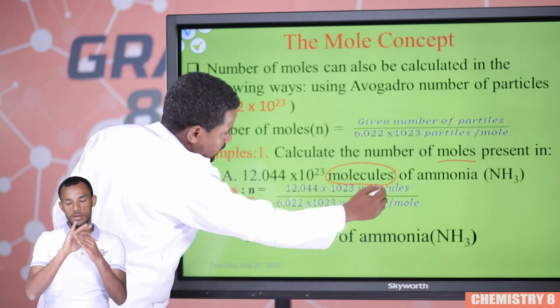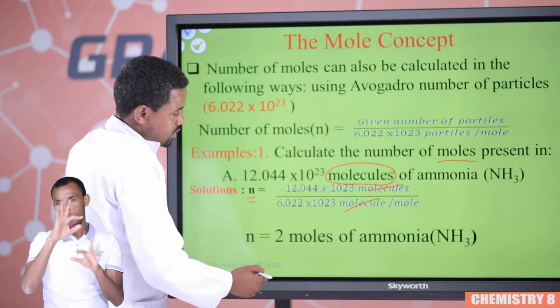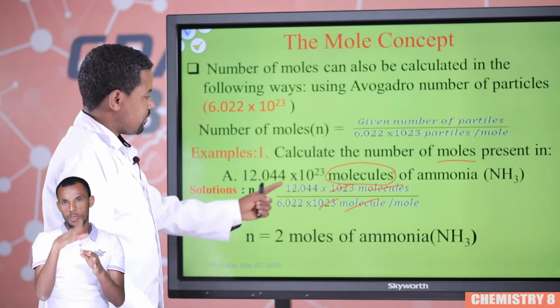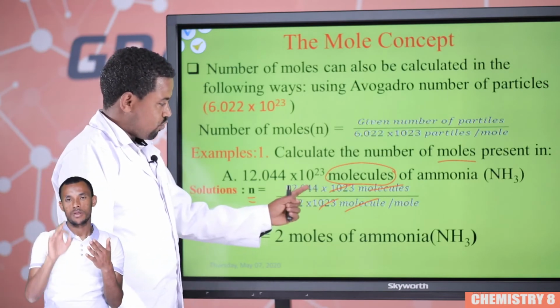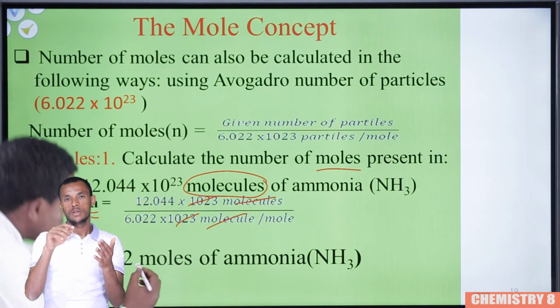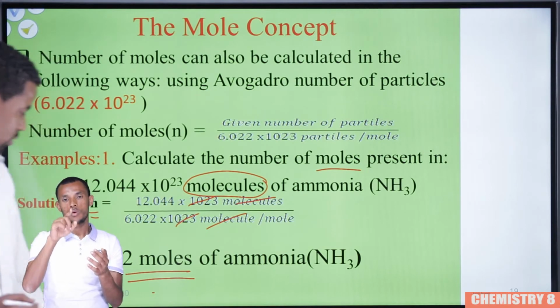You can cancel molecule by molecule, and when you divide 12.044 by 6.022, it gives you 2 moles of ammonia molecules.